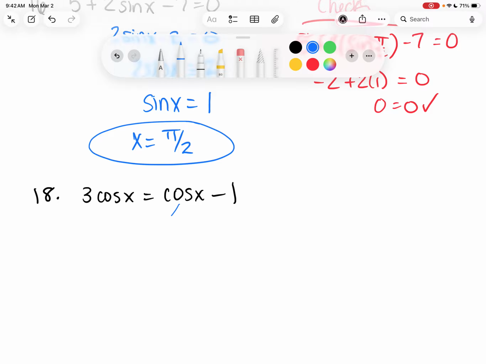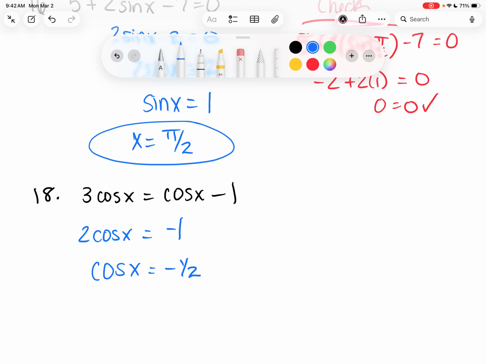Yep, I'm going to move this one over here. So I'm going to have 2 cosine of x is equal to negative 1. Divide by 2, not cosine, I said the wrong thing. Equals negative 1/2. So then I'm looking for where cosine is negative 1/2.